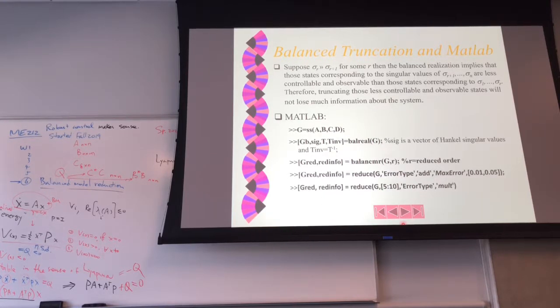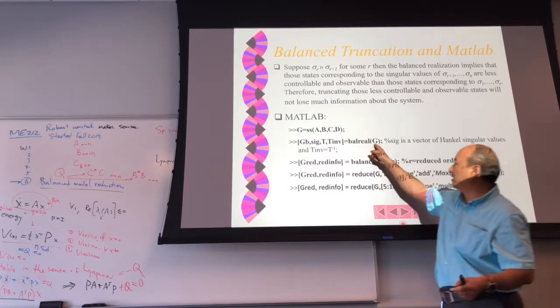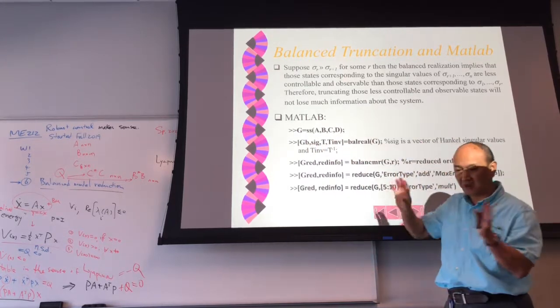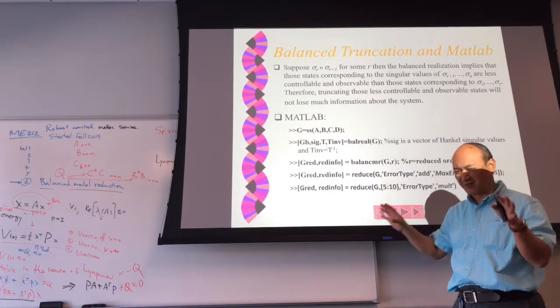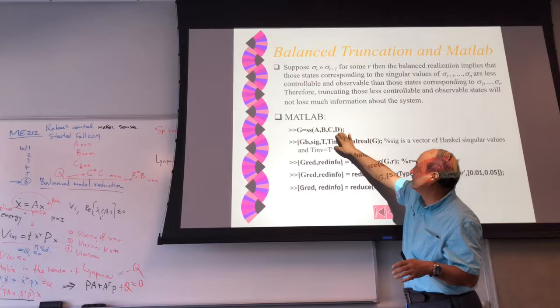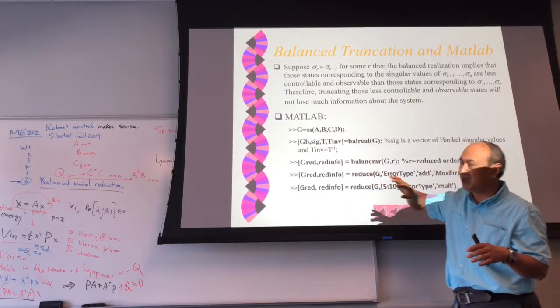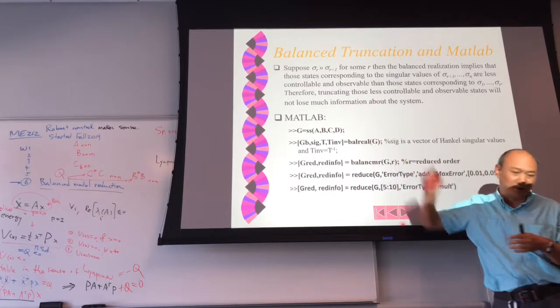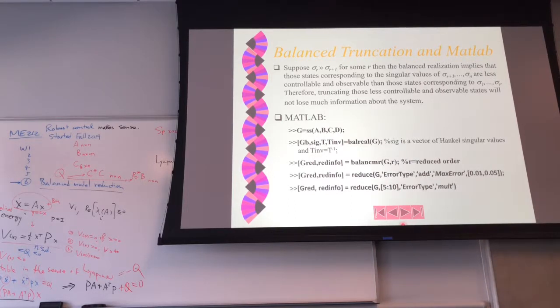So this model and this model, they are the same dimension, but they are balanced. Because the original one, you do the realization, it may not be minimum, it may not be balanced. So internally, they will do this automatically for you.